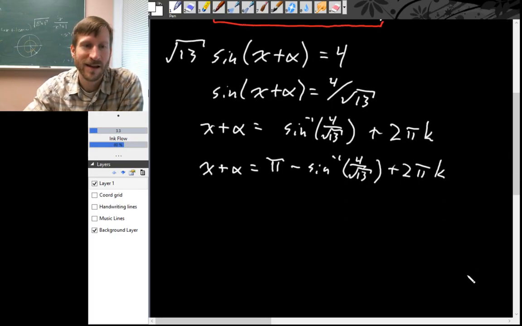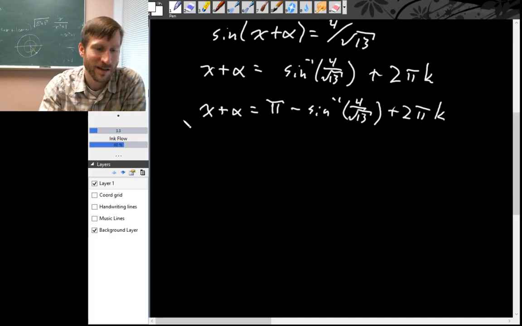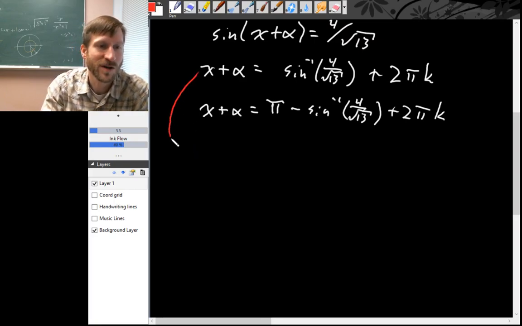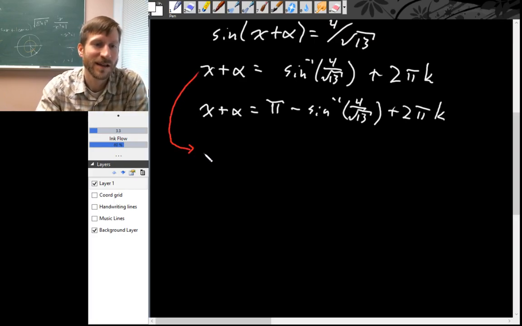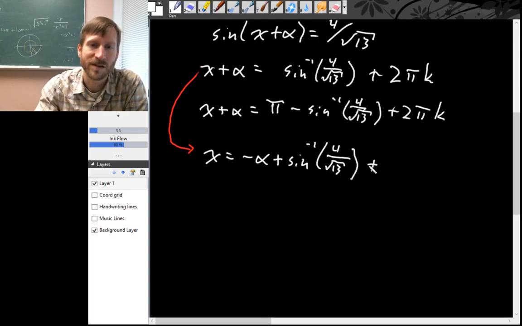All right, now we're on the home stretch. We just need to move alpha over to the other side. So for the first one, we get x is negative alpha plus inverse sine of 4 over root 13 plus 2 pi k.